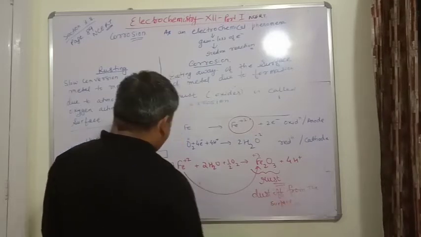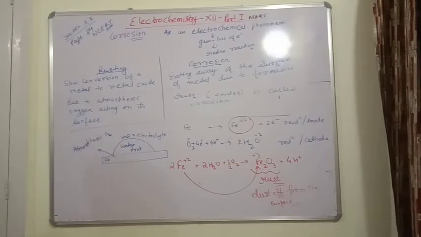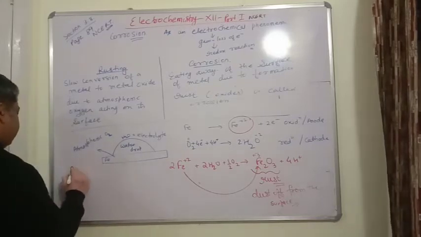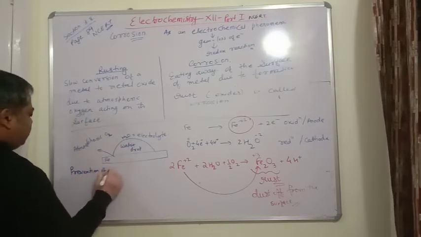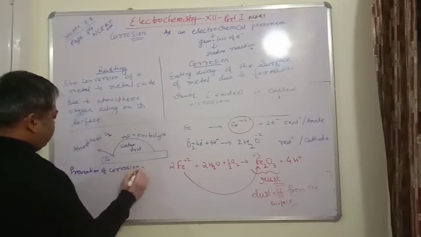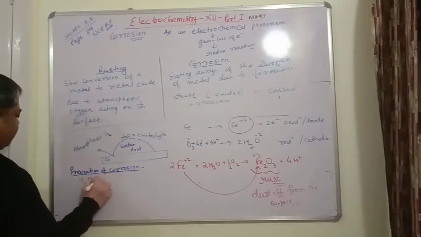Now, how can we prevent corrosion? If Fe forms Fe3+ or Fe2O3, it will dust off from the surface. It will get eaten away. So how can we prevent it? Prevention of corrosion. Some simple methods are: first, galvanizing.